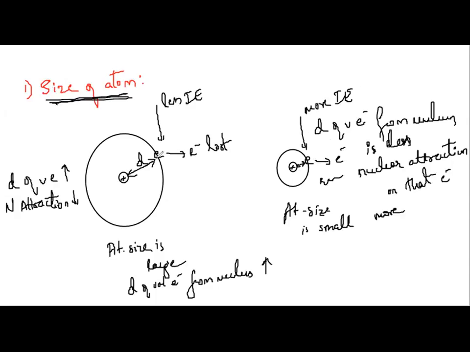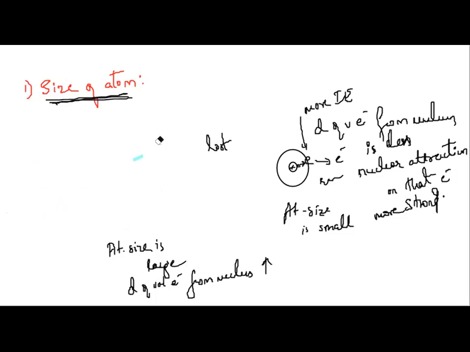So even a minimum ionization energy removes the electron. But if the atomic size is small, the distance of the valence electron from the nucleus is very less, due to which the nuclear attraction is very strong. To remove the electron from the vicinity of the nucleus, I need to put more ionization energy. Then only the electron will be removed. So this is the first case.